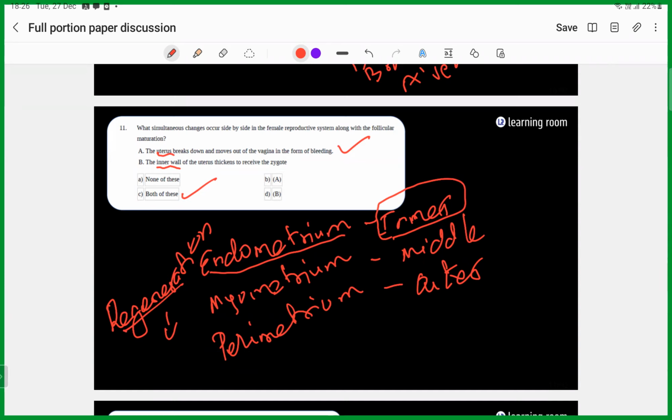New cells. Okay, new tissue. Is it clear? Sir, but it should only be B, no, sir. Both A and B are true, but according to the question, only B is correct, no, sir.